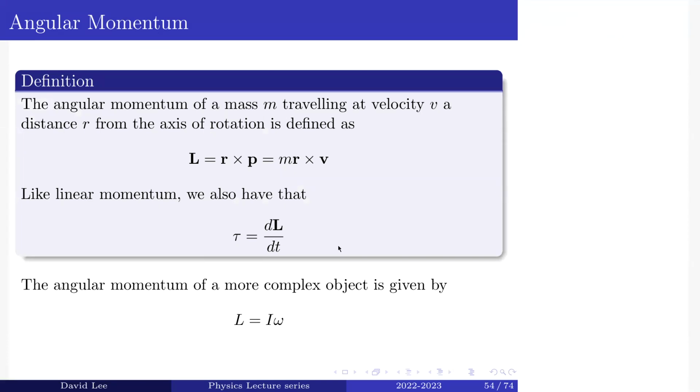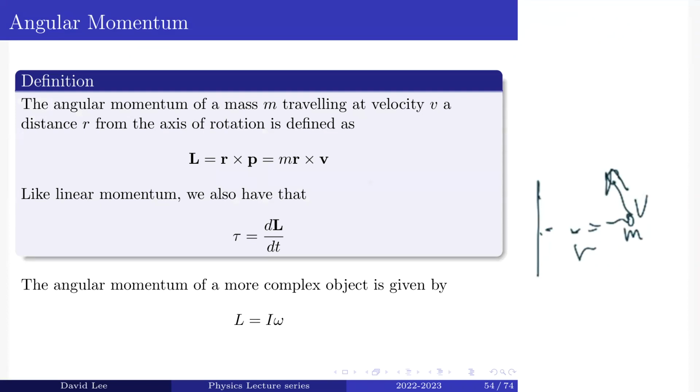And angular momentum. Oh, so this is important. Angular momentum is defined as m r cross v. So that's for a single mass. So around this axis, if we have r and a mass that's traveling at v, then this is our angular momentum.